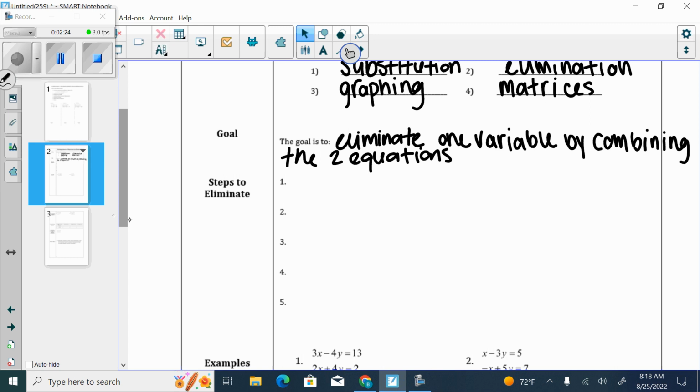All right, so the first thing that you want to do is make sure your equations are lined up, right? You want your x's over your x's, your y's over your y's, your constants over your constants. Typically, that means we want it in standard form. So make sure equations are in standard form.